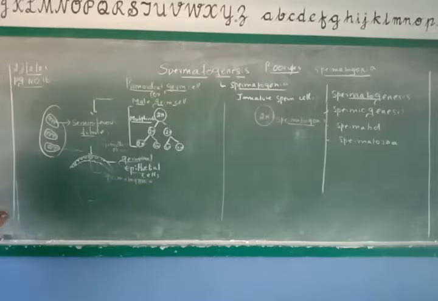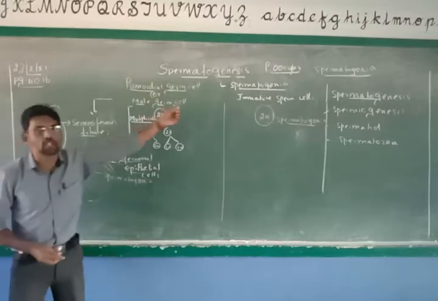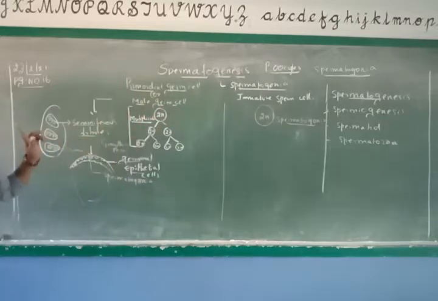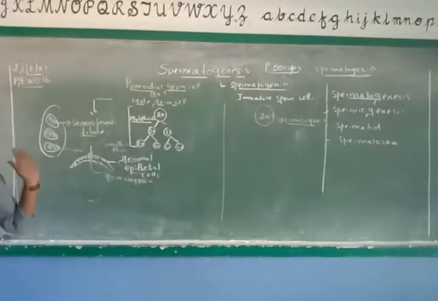Now remember, very important, whenever the spermatogonia is entering inside, before it could reach the central part, it will complete its maturation process. Beginning is immature. By the time it reaches here, it will complete its maturation process.